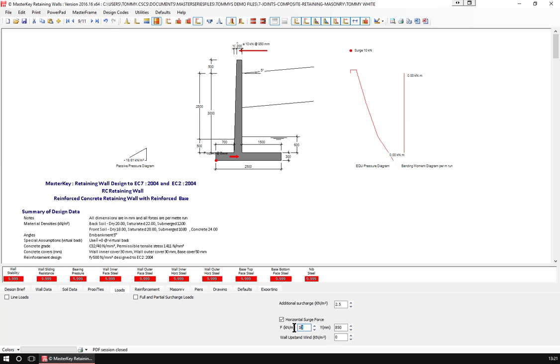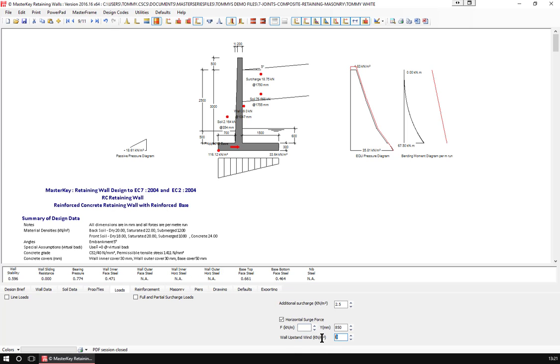Or we can turn around and say, no, no, no, we actually want to just have a 1.2 kilonewton wind load coming onto that and blowing on it, just to make sure we cover everything that is applicable to this wall. So I'm just going to take that off and will not deal with a horizontal surcharge.